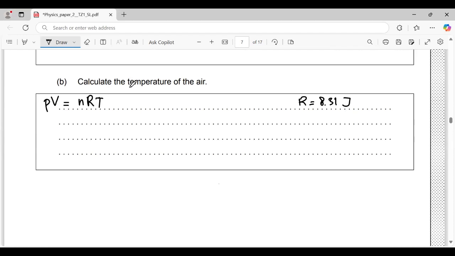So we're going to calculate the temperature. With temperature as the subject, this formula becomes PV over nR.